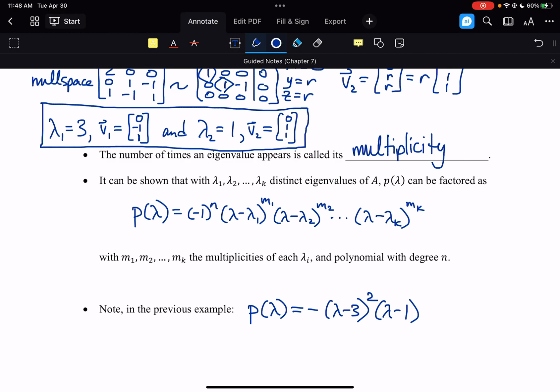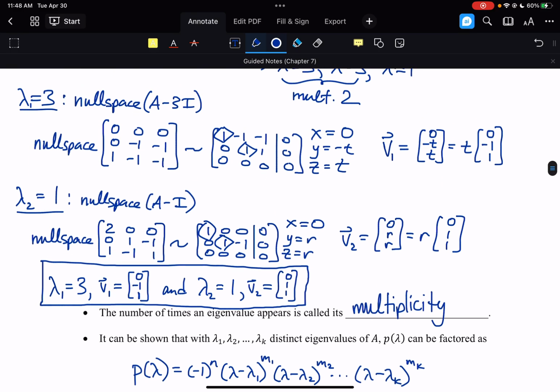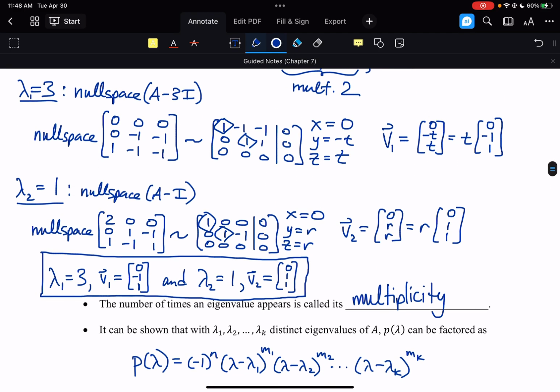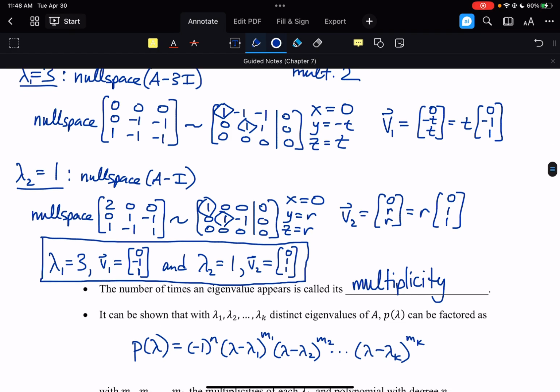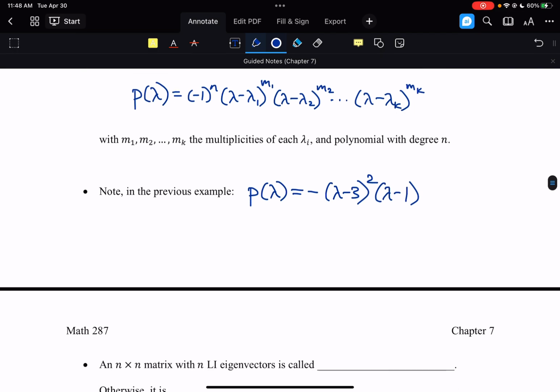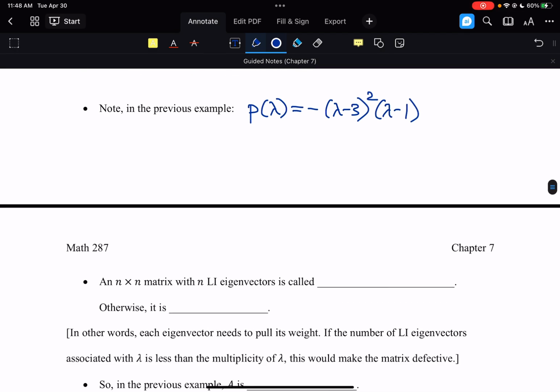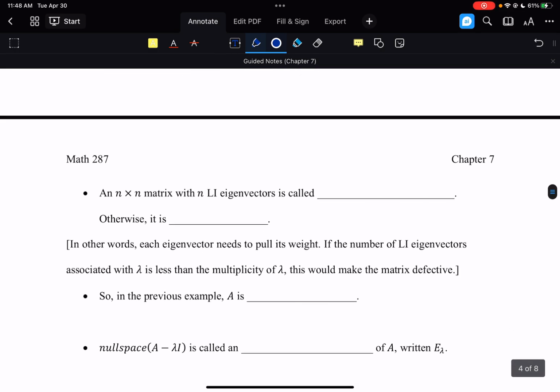Now, let's get back to this idea of this eigenvalue having a multiplicity of 2, but only producing one eigenvector, right? One linearly independent eigenvector. We have some terminology to go along with this idea.